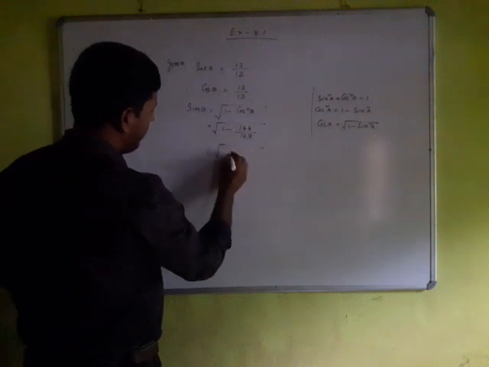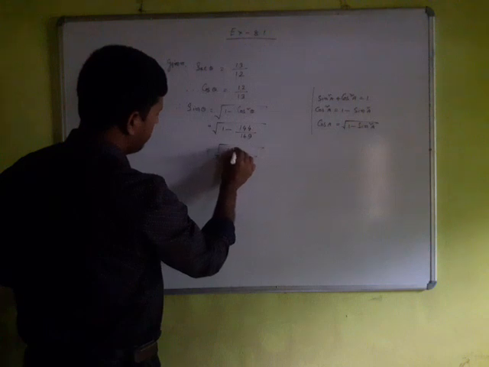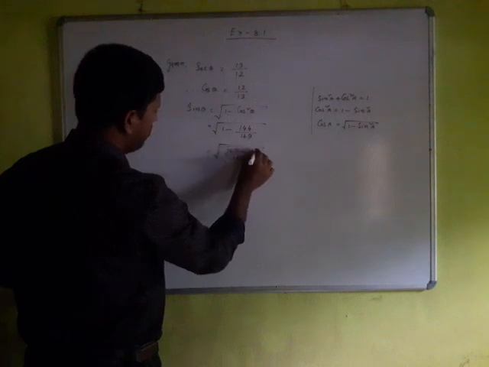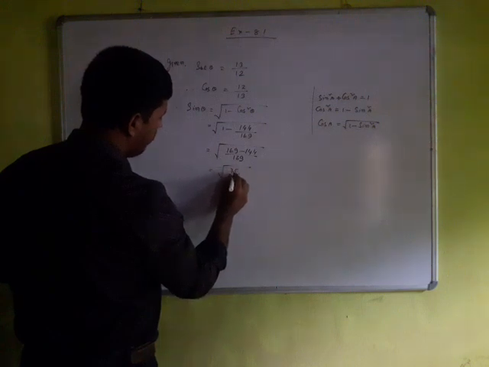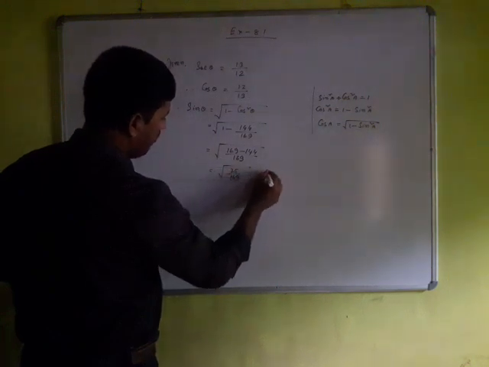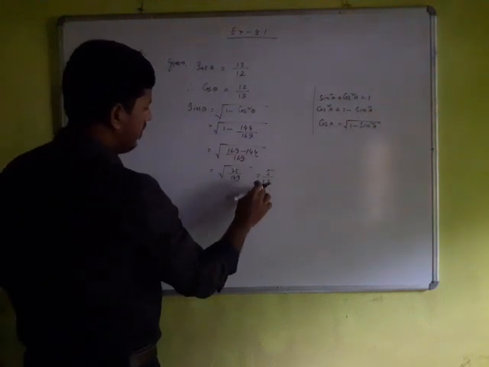Taking the LCM, 169 minus 144 equal to root 25 by 169 equal to 5 by 13. So sin theta equal to 5 by 13.